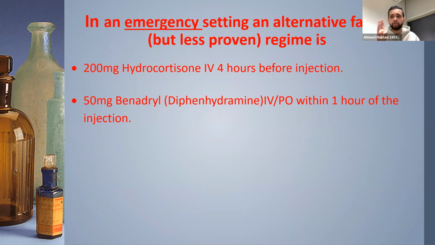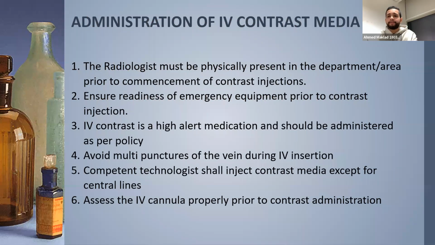This one is IV, 4 hours before the injection, or you can give 50 milligrams of diphenhydramine IV or orally within 1 hour of the injection. The diphenhydramine option is more commonly used because it's only 1 hour. With hydrocortisone, it has to be 4 hours before the injection. And diphenhydramine, it's only 1 hour.